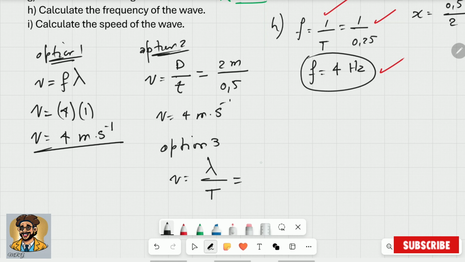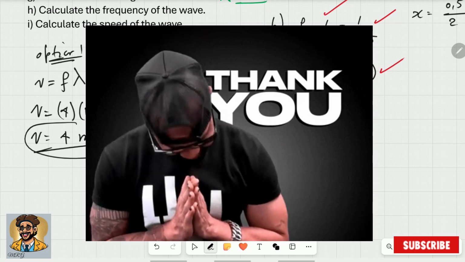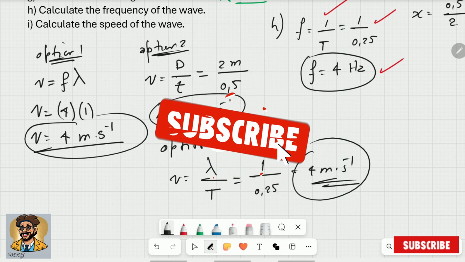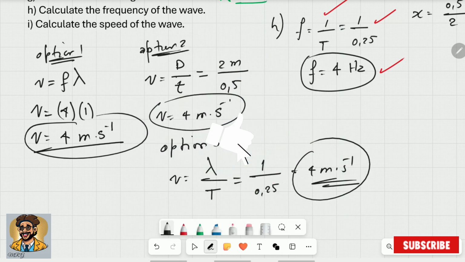The wavelength is 1. The period was, what was the period? 0.25. Answer is 4 meters per second. There we go. All the answers were the same using different methods. You do not have to use all of them. Was that clear?